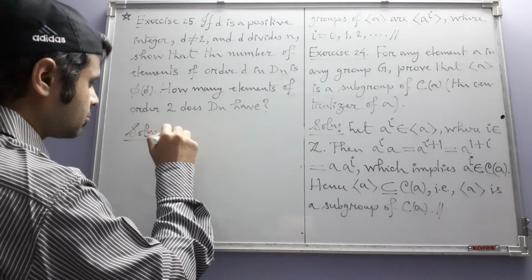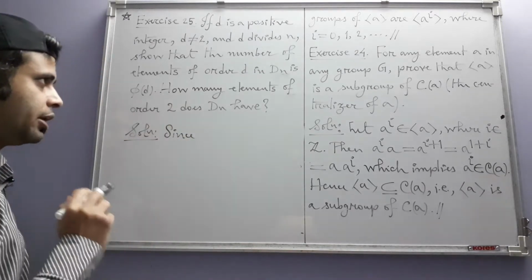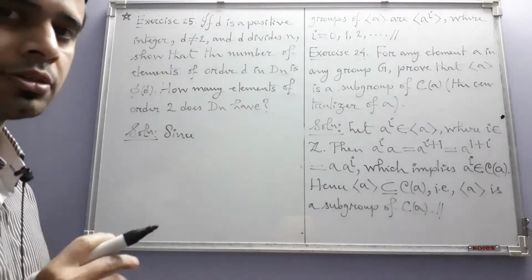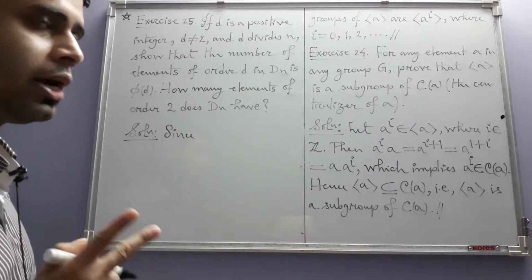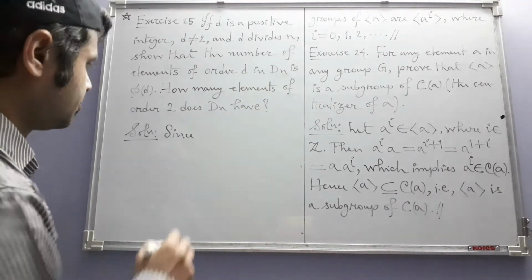Since we are dealing with the dihedral group Dn, let us also recall that Dn has two types of elements, reflections and rotations.